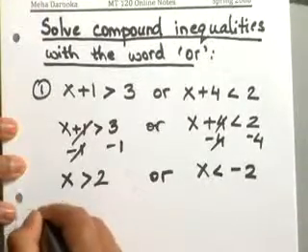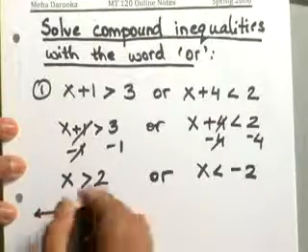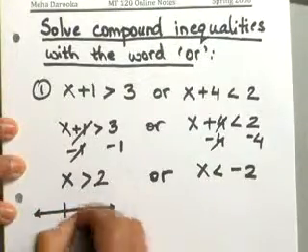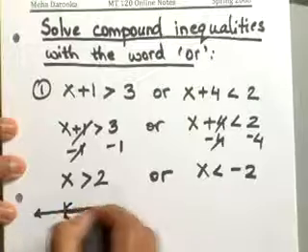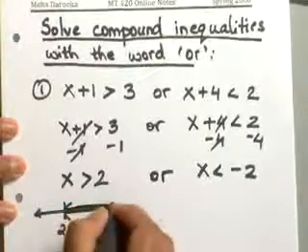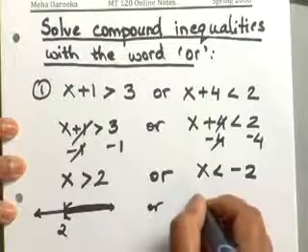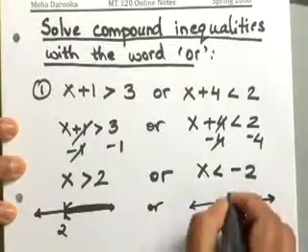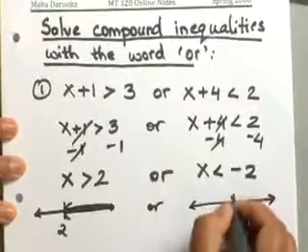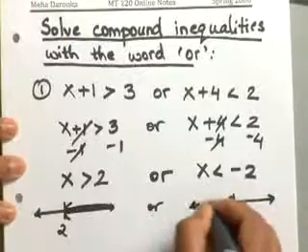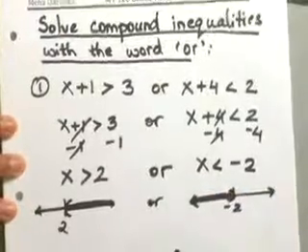So again, looking at our graph here, we're saying x is greater than 2, not including 2. So that's going to be all the values here. Or x is less than negative 2, not including negative 2. So that will be all the values right over here.